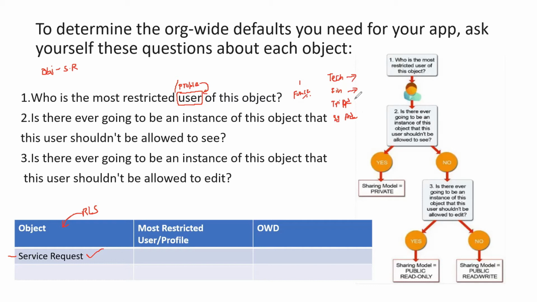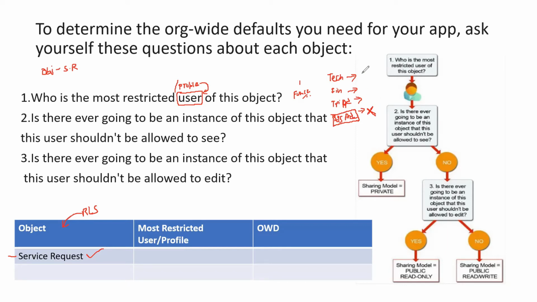Now, how can you identify the restricted user? By thinking through the scenarios of what a user can do. Let's start with the system administrator. System administrator is a profile which has access to all the records. A user who is tagged under this profile can never be a restricted user. System administrator has all the access to all the records in the system, so in this context can never be a restricted user.